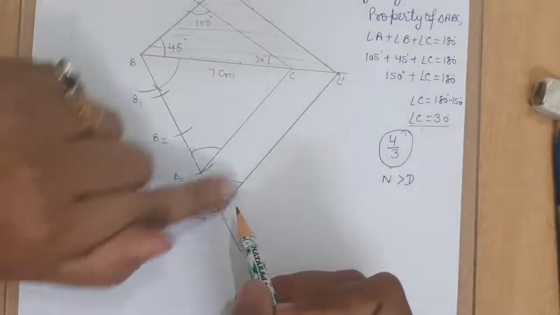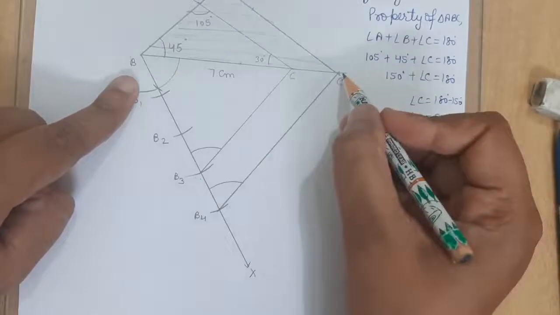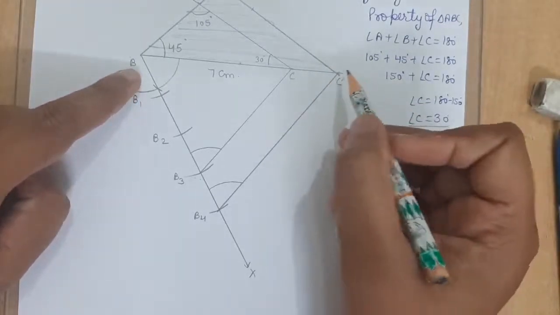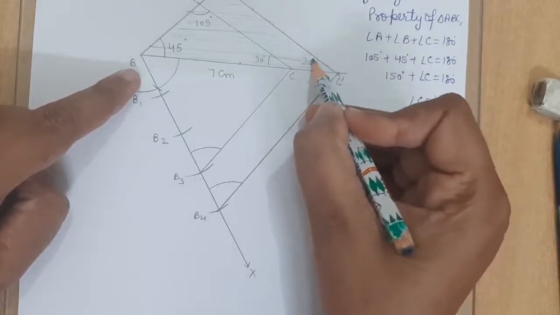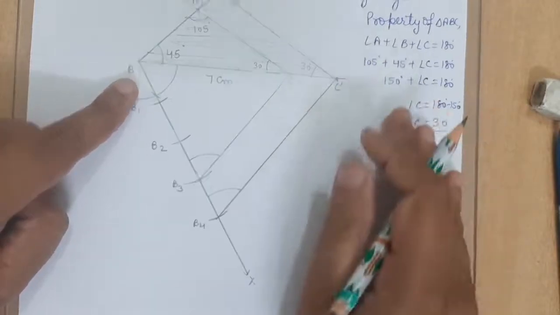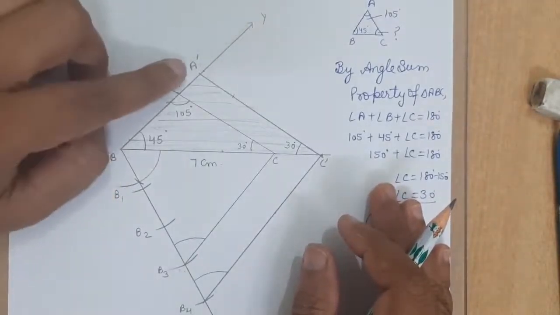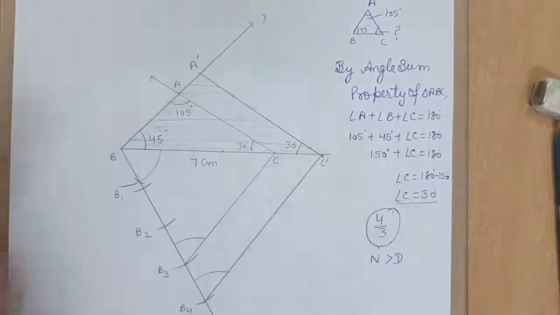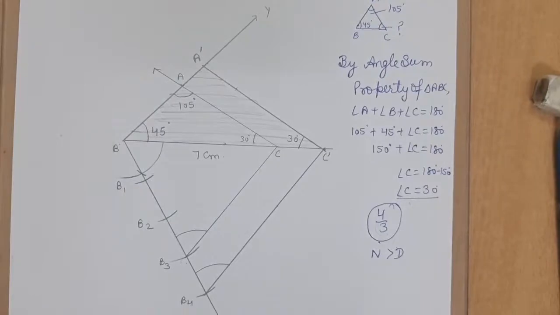Now this angle is intersecting extended BC at C dash. After it, we will draw an angle of 30 degree at C dash. Let it be intersecting ray BY at point A dash. So A dash B C dash is the required triangle. It is our question number 6.